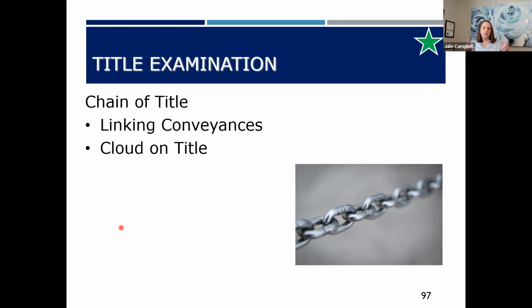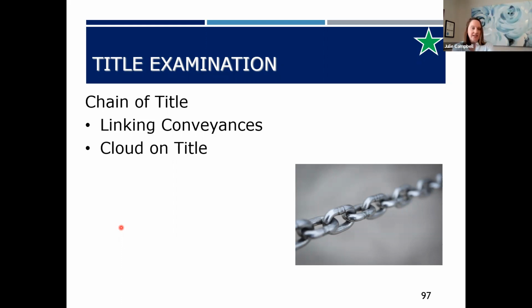What the attorney is looking for, they want to know that the grantor on this deed matches the grantee on the previous deed. That's what we mean by linking conveyances. The grantor on the previous deed matches the grantee on the deed before that. The grantor has got to match the grantee on the previous deed.